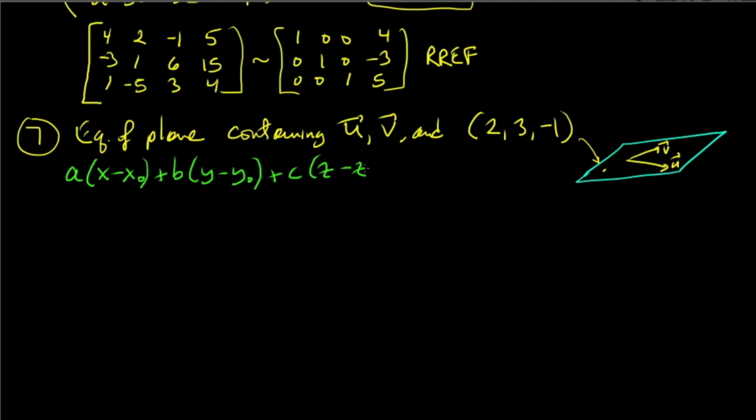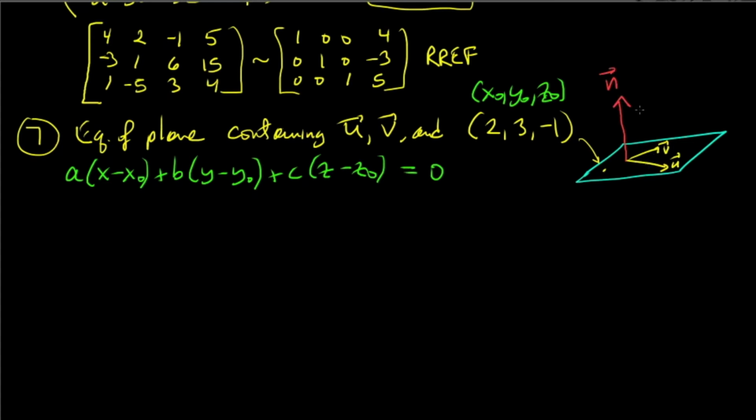We did this way back in section 11.5, I believe. Of course, your x0, y0, z0 is given. What you need to find is the a, b, and c, and those are going to be the components of a normal vector, any vector that's perpendicular to the plane.